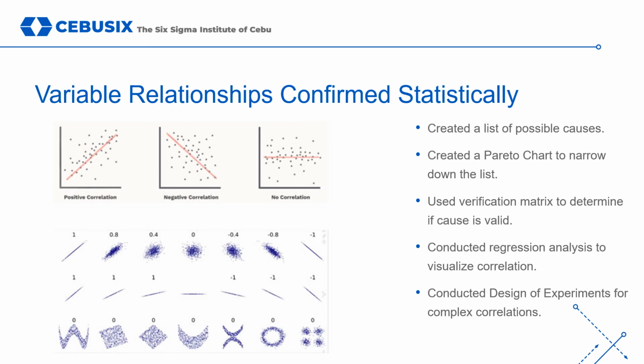Then we use a verification matrix to ensure that the cause is valid to our project and process before conducting a regression analysis in order to visualize the cause and effect relationship. When that relationship is complex, we may even conduct a design of experiments in order to see if there is a relationship between the variables.